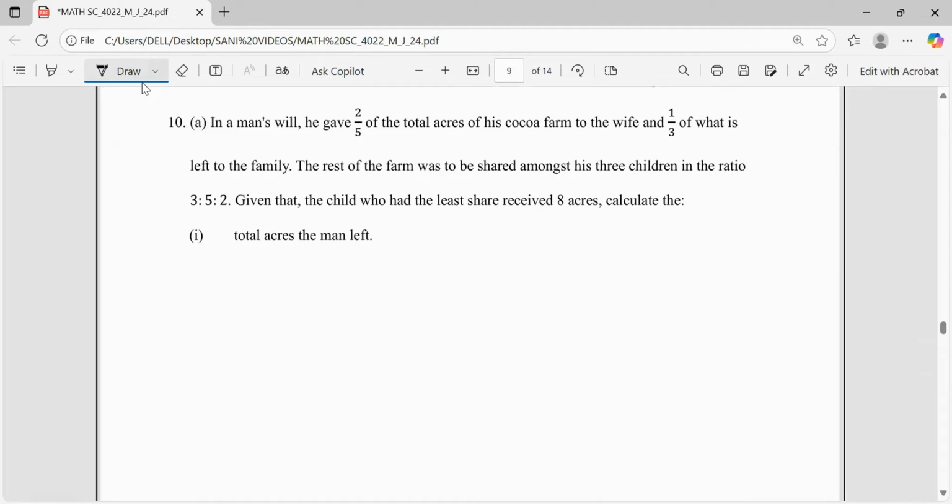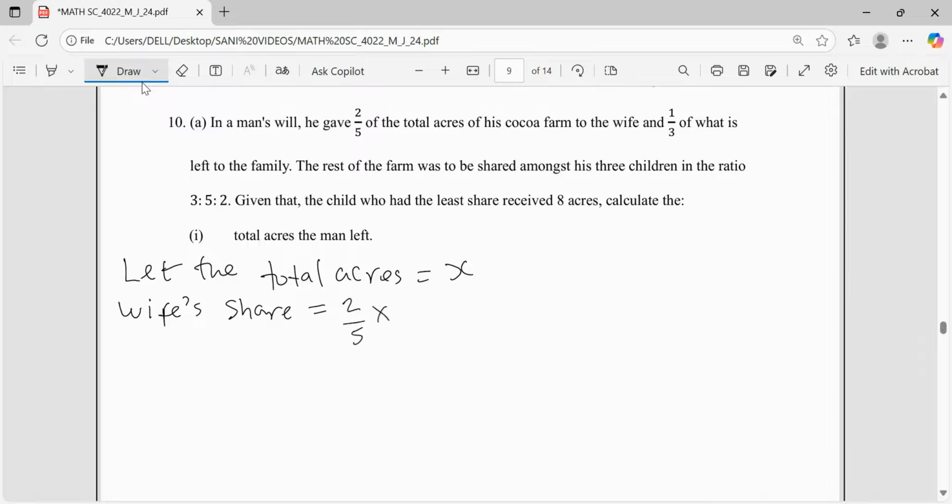So first thing, let the total acres the man left be equal to x. So the wife's share equals 2 over 5 times x, which is 2x over 5.